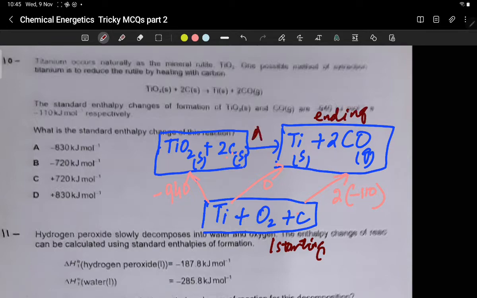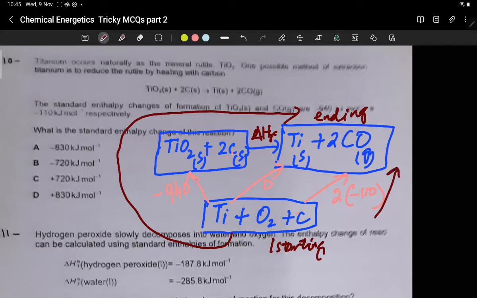We have to find out delta H. So one arrow starts from here to this ending point, and the other arrow goes directly: route 1 and route 2. So equalize route 1 and route 2.